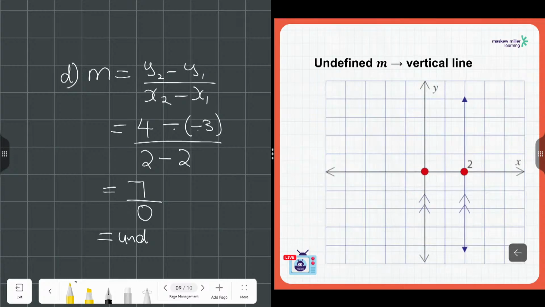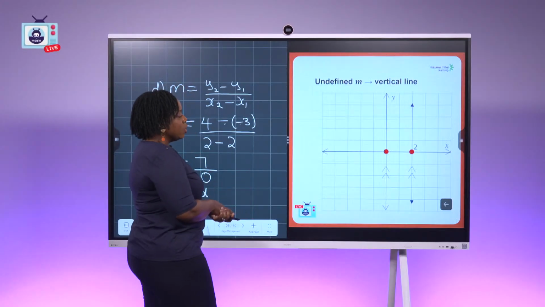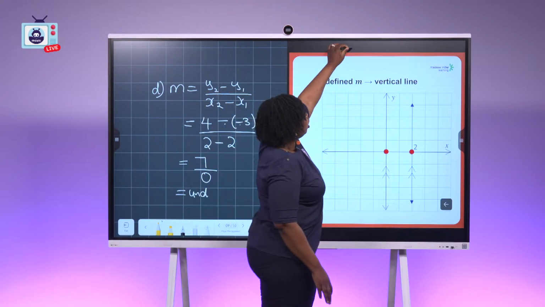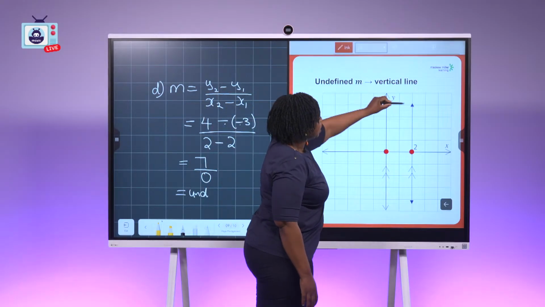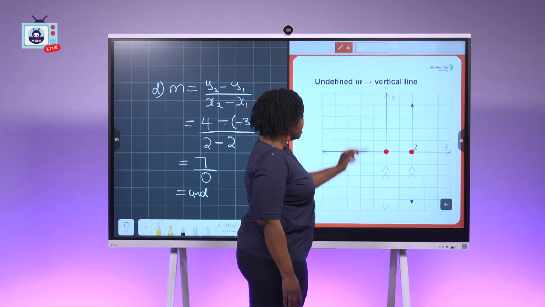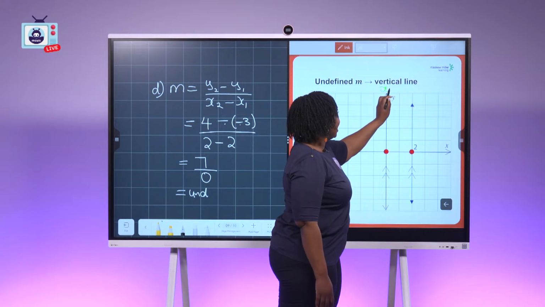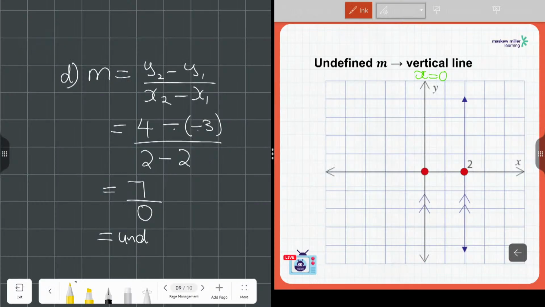Our other part is where the gradient is undefined, where you cannot define the gradient. You can see that that is where you have a vertical line that is parallel to our y-axis. Our y-axis is called the x equals 0 line, which means that a line parallel to it is called x equals whatever number.